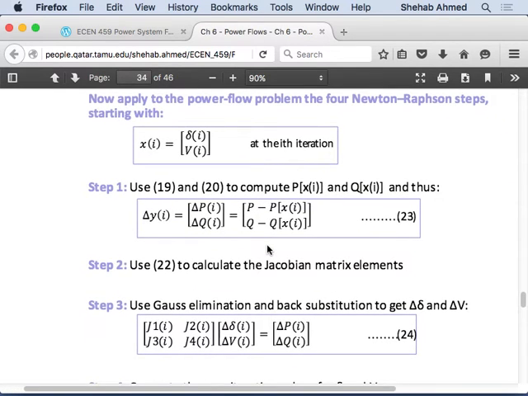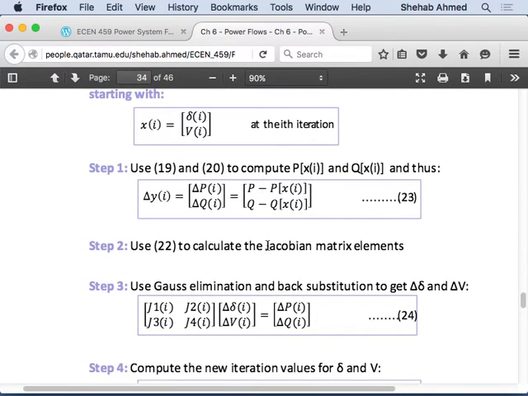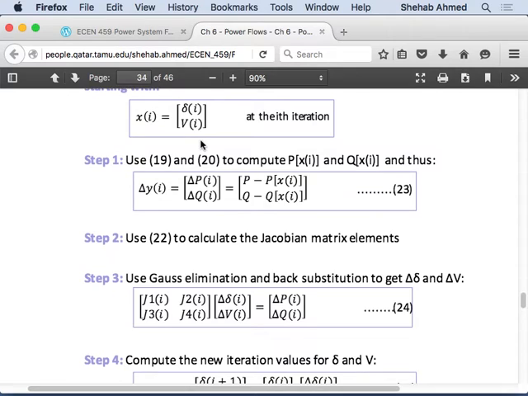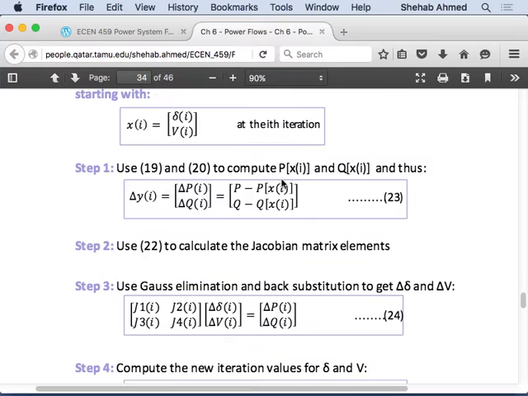And here they outline the procedure again. At a specific iteration, you start with a guess for angles and voltages. Then you solve your delta P or delta Q equations, which is basically subtraction of your known power and reactive powers from the right-hand side. If this is not less than your convergence criteria, then you have to construct your Jacobian matrix.